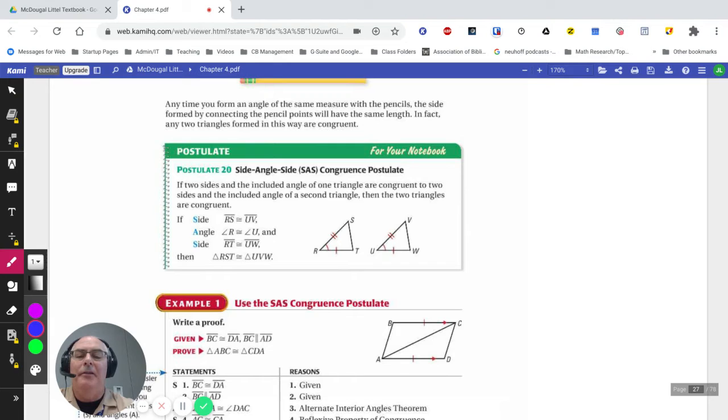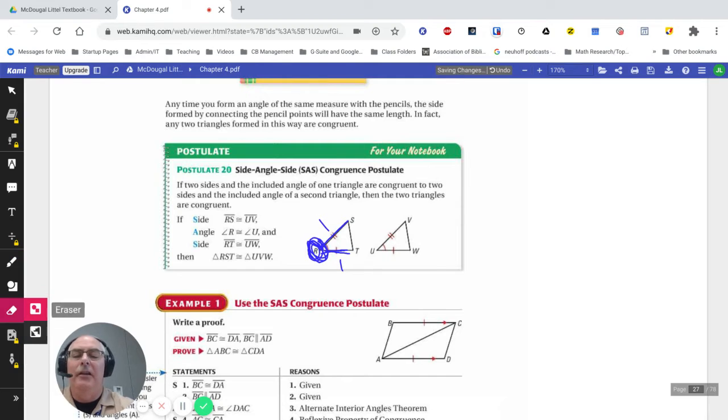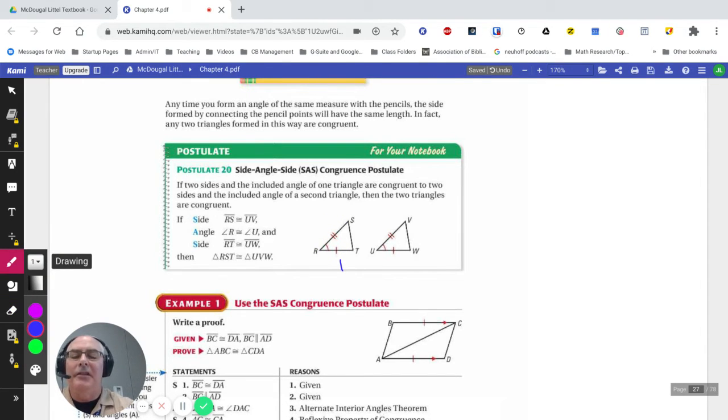When we're talking about side angle side, the angle has to be the one that is included in both of the sides. It has to be the angle that touches, if you will, both of the sides that I know are the same length, which is why it's called side angle side.